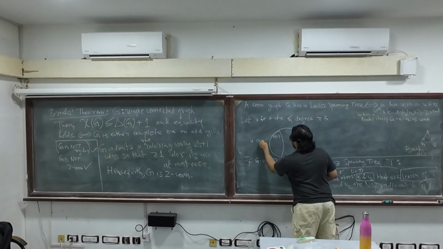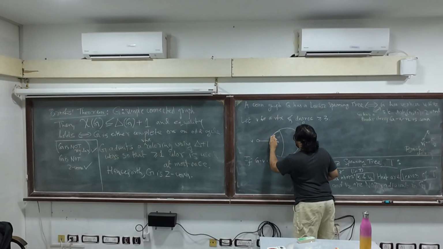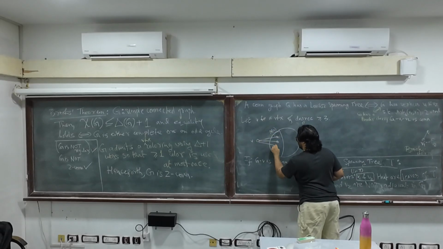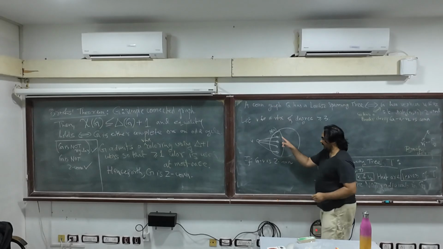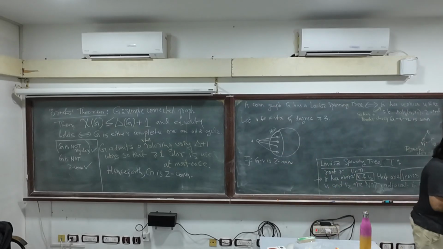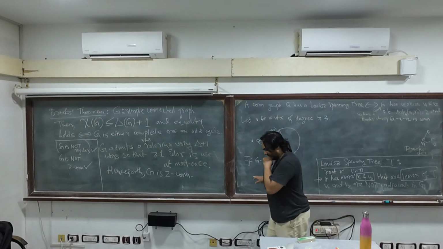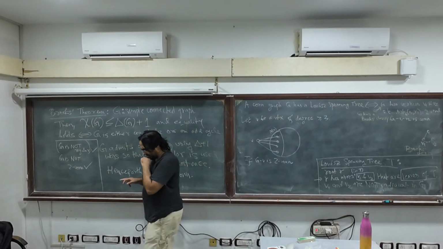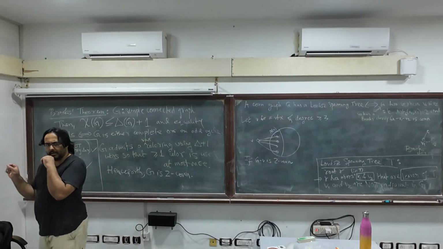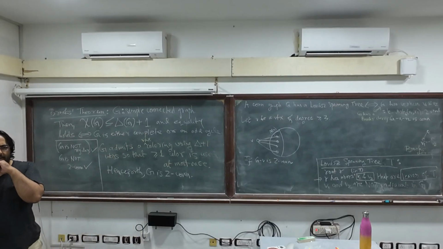Let me draw this outside. These are the neighbors of the vertex V. I would like to say that if G minus V is 2 connected, then we are almost always done. What do I mean by that? Can you see a small condition which would tell us that we are done?